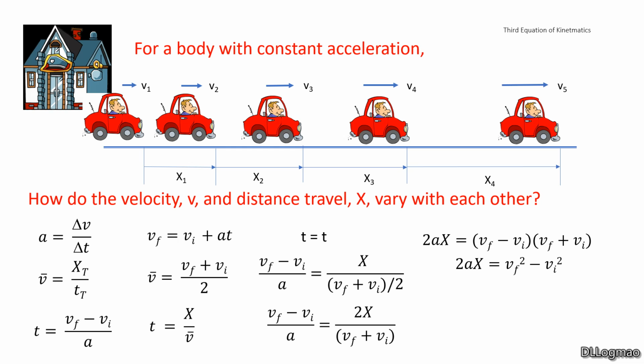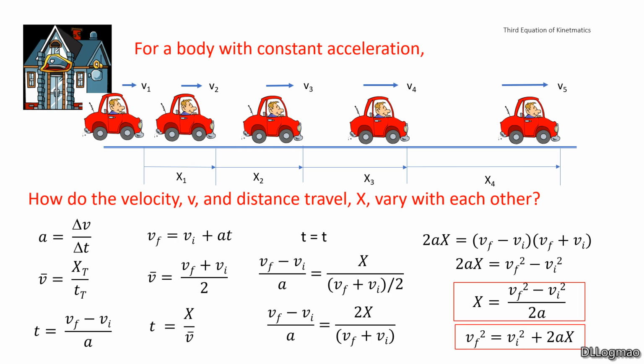From these equations, the displacement x is equal to the ratio of the difference of the squares of final velocity and initial velocity and twice the acceleration. And the square of final velocity is equal to the sum of the square of initial velocity and twice the product of acceleration and distance traveled. These are the third equations of kinematics.